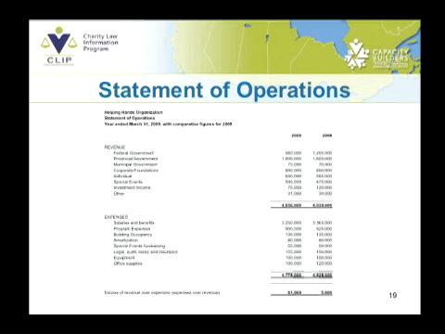Here's an example of what a statement of operations might look like. And every organization will decide how much detail they're going to have in their particular statement. This one has government revenue split out by federal, provincial, municipal. Some organizations might just have a line, government revenue. Sometimes organizations will have the different departments where the government revenue comes from, and that will depend on the nature of the organization.